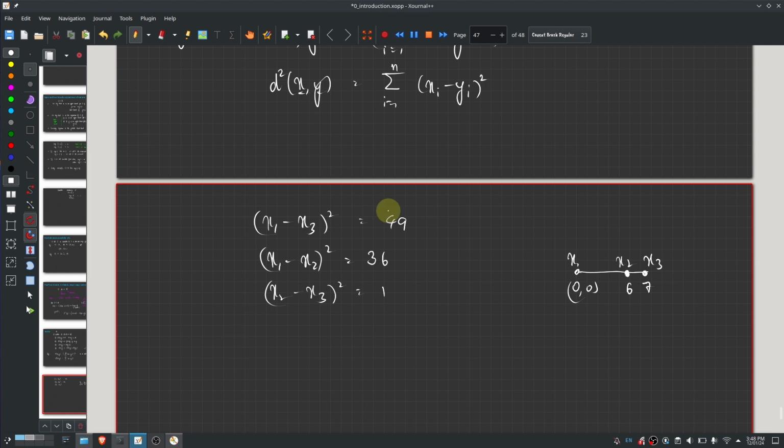Right? So x1 minus x2 the whole square plus x2 minus x3 the whole square is just 37, which is less than x1 minus x3 the whole square. So the squared Euclidean distance is in fact not a metric.